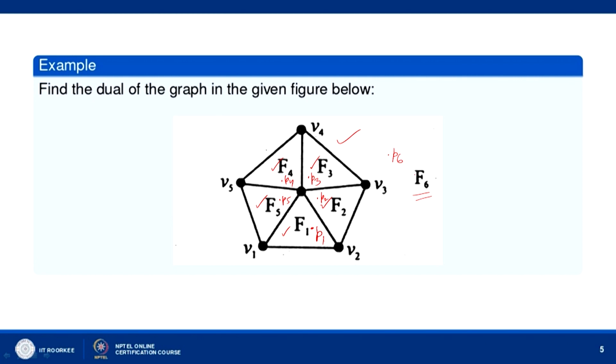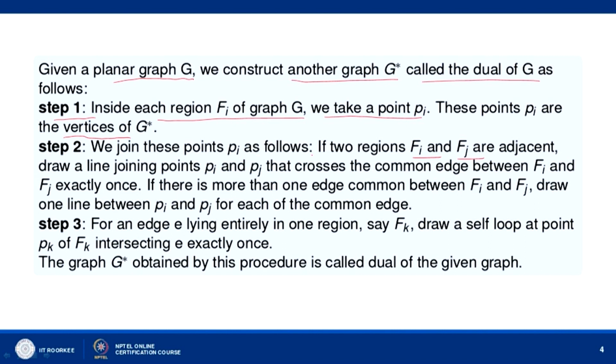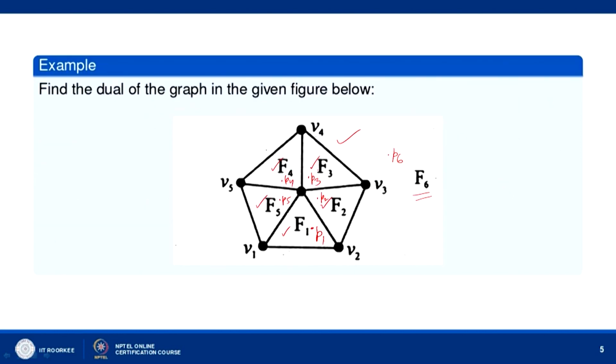Then step 2 says join these points Pi as follows: if two regions Fi and Fj are adjacent, draw a line joining the points Pi and Pj that crosses the common edge between Fi and Fj exactly once. F4 and F3 are adjacent regions, so we join P3 and P4 by an edge which crosses this common edge exactly once. Then F3 and F2 are adjacent regions, so we join P3 to P2 by crossing the edge which is common to F3 and F2 exactly once.